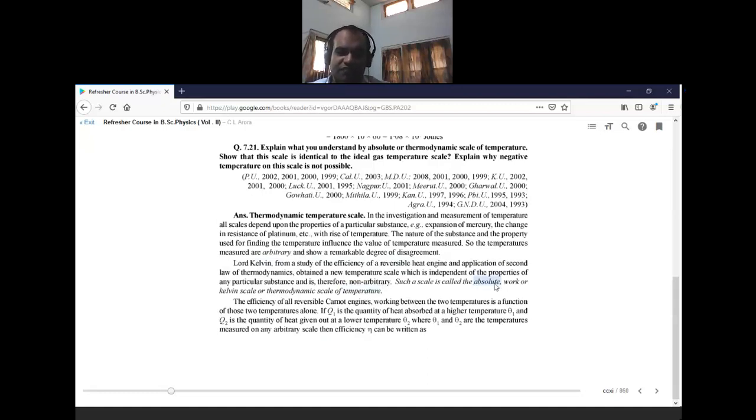So several names: absolute scale of temperature, thermodynamic scale of temperature, also known as Kelvin scale of temperature. But you don't have to go for all these things. In your syllabus, it is given as absolute or thermodynamic scale of temperature. That is what Lord Kelvin, a British scientist if I remember well, found.